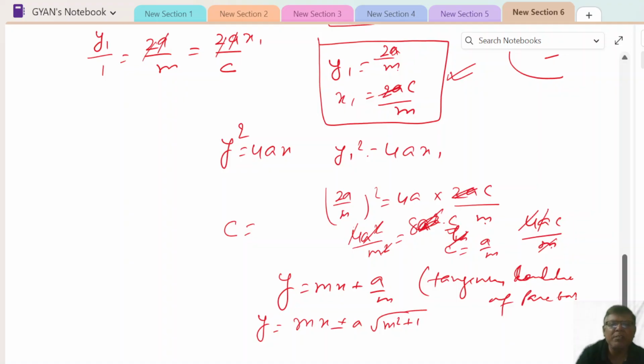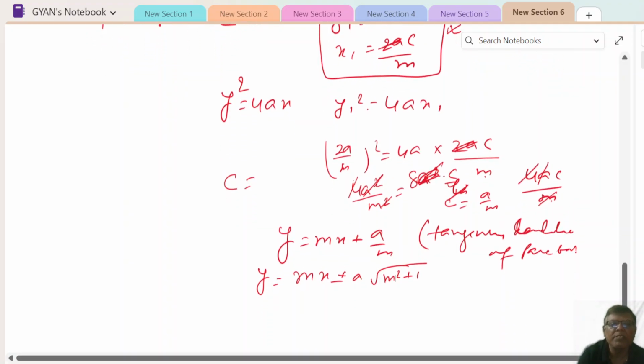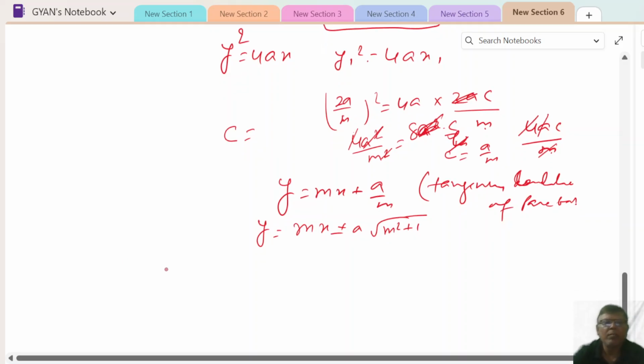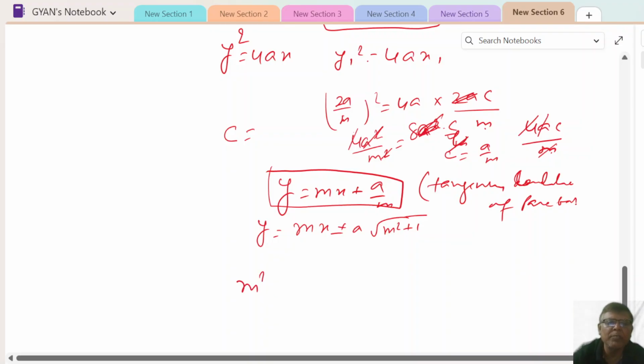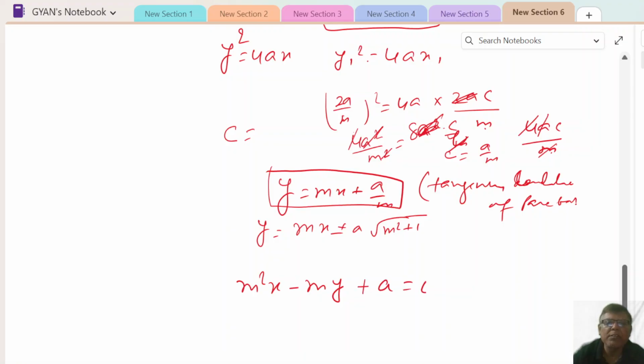Here what we got is the tangency condition, y is equal to mx plus a by m. So now we can write the equation in m square form, that is m square x minus my plus a is equal to 0.